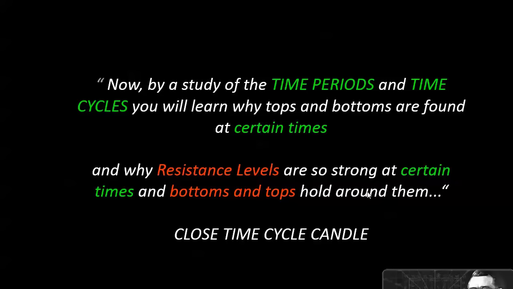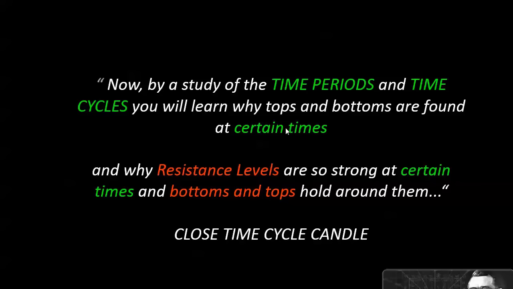So Gann has an implication here for us to pursue. He says, once you find the times, there's a second component. It's a BOGO, a buy one, get one. And once you find the times, there are resistance levels associated with those times where bottoms and tops will hold.